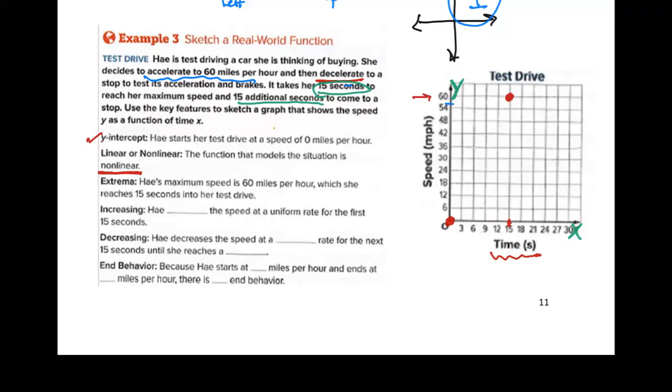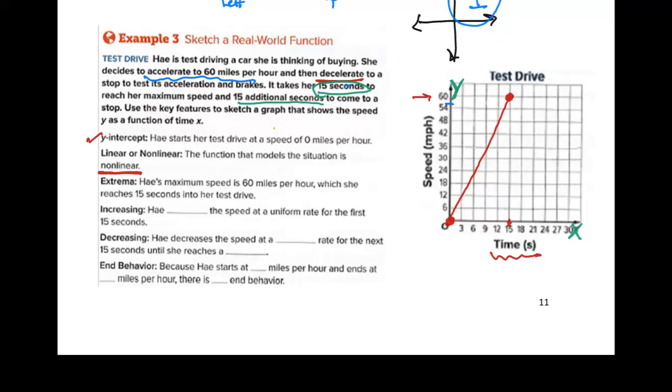Now, it says she is accelerating. She decides to accelerate. So we're going to connect those 2 points, because she is going faster. She starts at 0 miles per hour, and then we connect those 2 points. And then it says, Hay increases the speed at a uniform rate for the first 15 seconds.